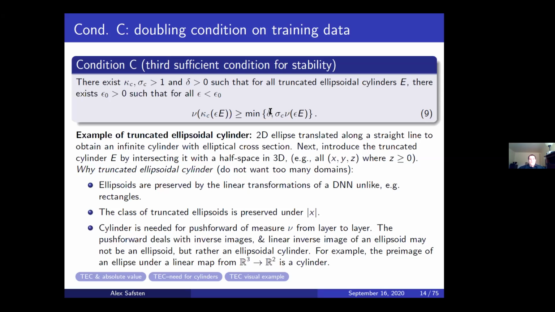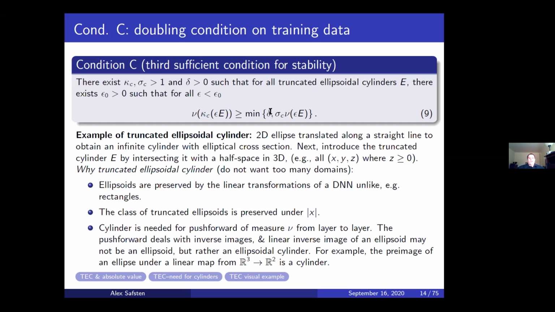So we mentioned that we are evaluating this doubling condition on the class of truncated ellipsoidal cylinders. What is a truncated ellipsoidal cylinder? Well, consider for yourself a two-dimensional ellipse that is filled in. It's a solid ellipse, and then we extrude that ellipse along a line to obtain an infinite cylinder that has an elliptical cross section.